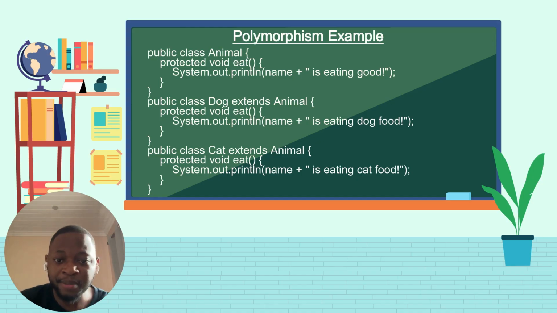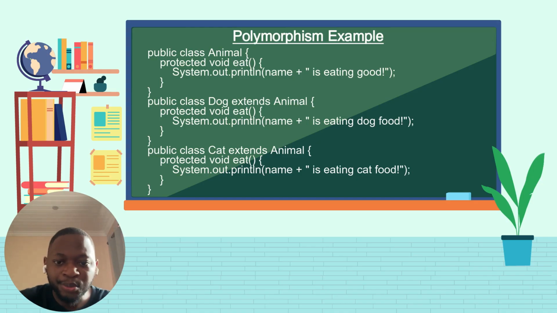But in polymorphism we can actually override the eat method and make the eat method behave differently than the superclass method.